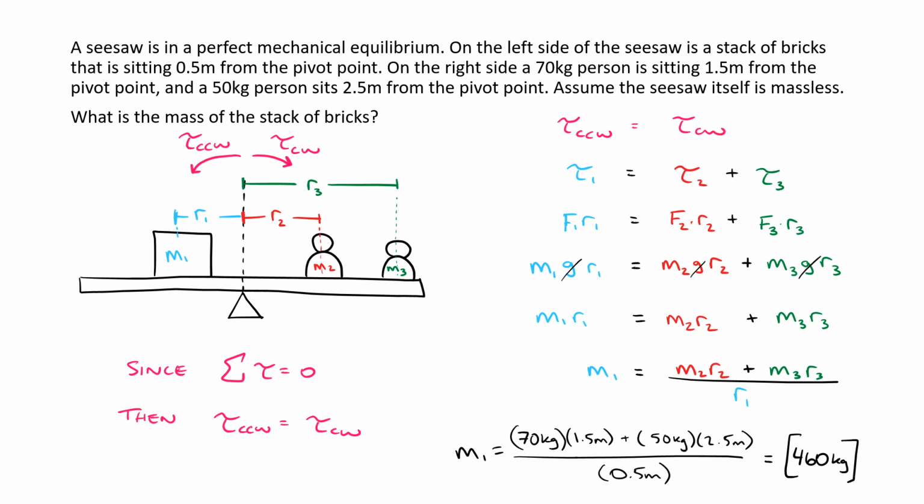So we have force 1 times radius 1 equal to force 2 times radius 2 plus force 3 times radius 3.